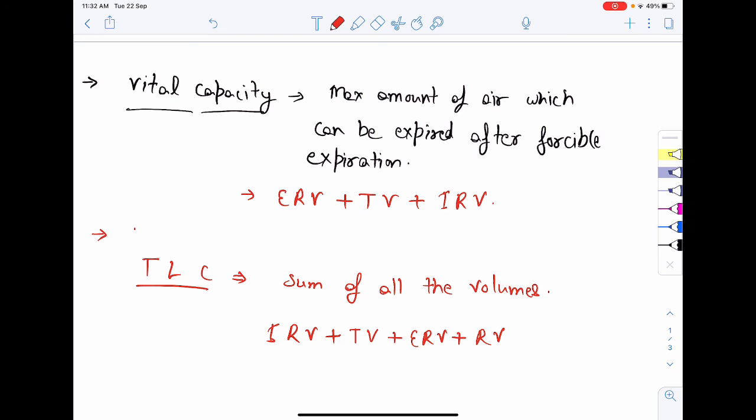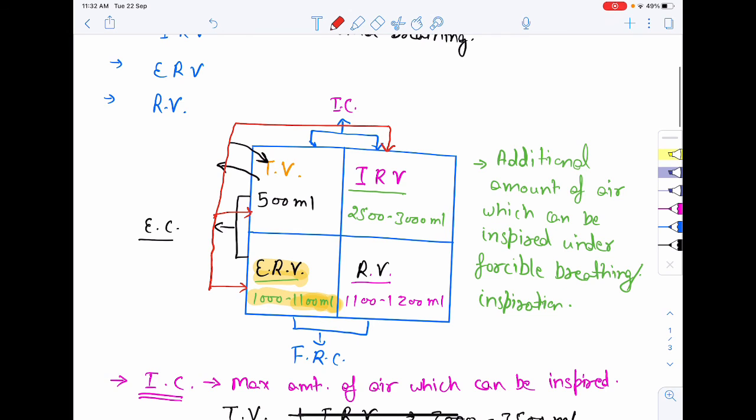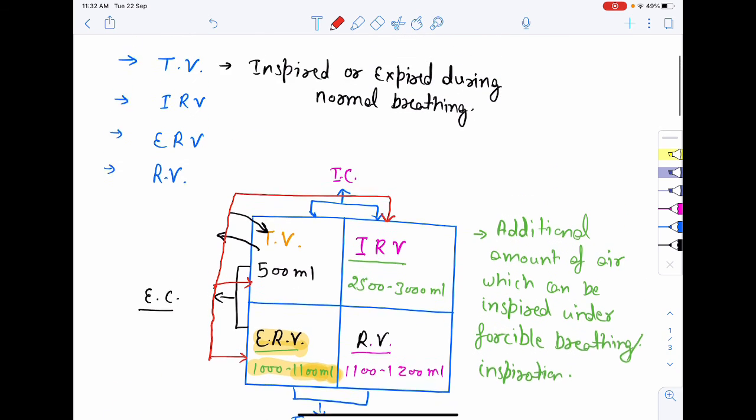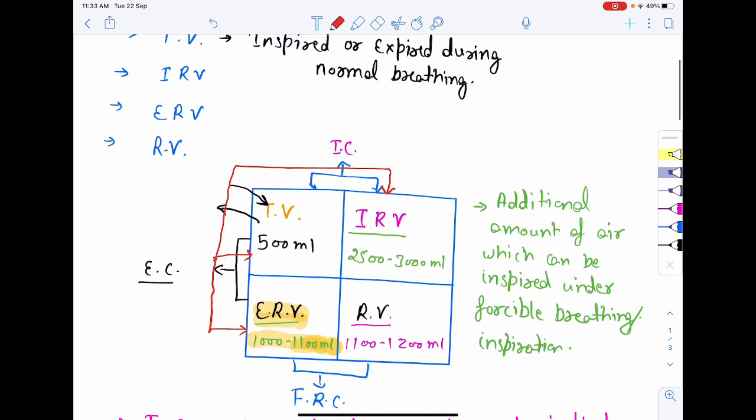Okay, so this is total lung capacity. So this is your first topic. From this graph, from this square, we can make it easily. We can understand respiratory volumes and respiratory capacities quite easily. So I hope it will be helpful for your preparation. Okay, thank you.